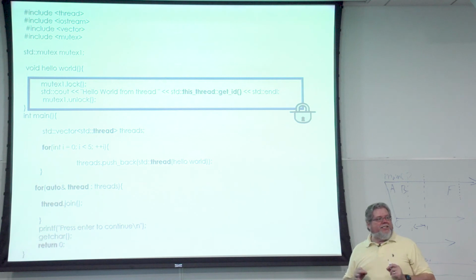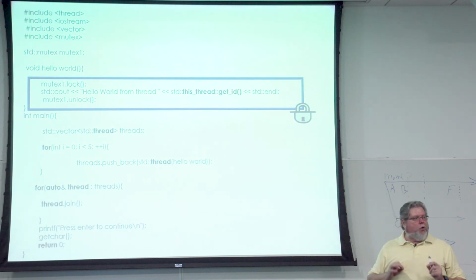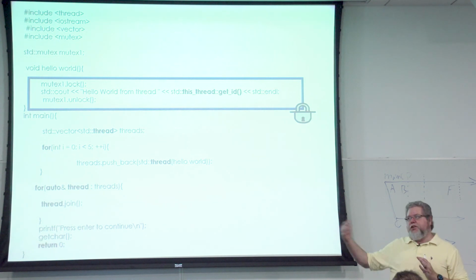This is not considered good programming practice. We do not typically want you to declare your mutexes globally. We want them to be local. Now, it does complicate things a little bit, because if you declare it, for example, in main, and you want to use it inside a function, you have to pass it via reference.